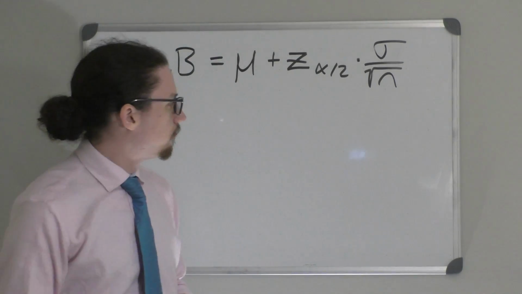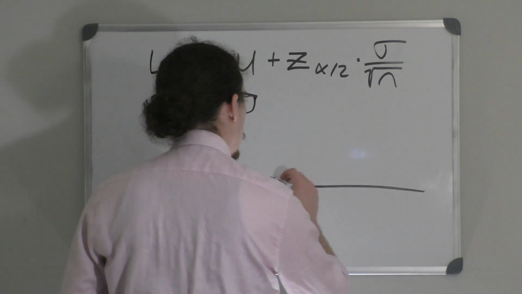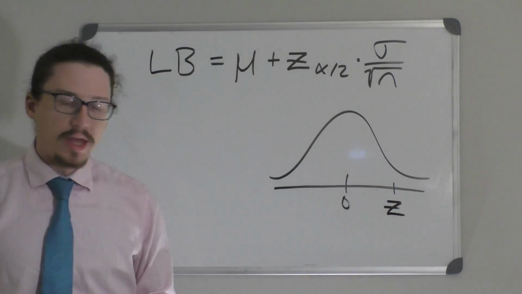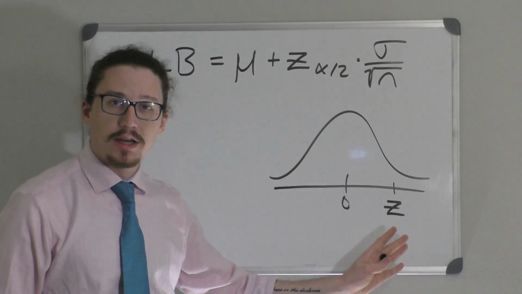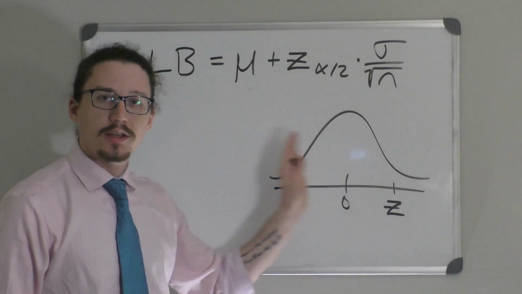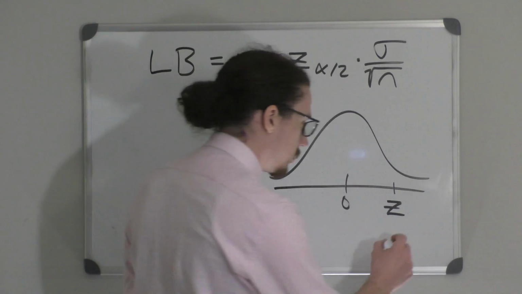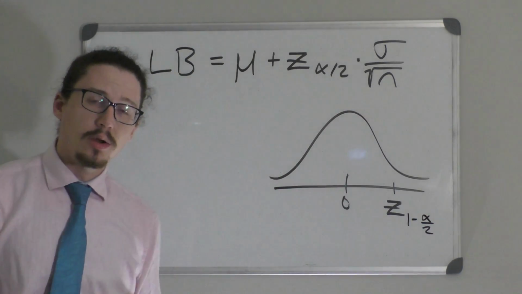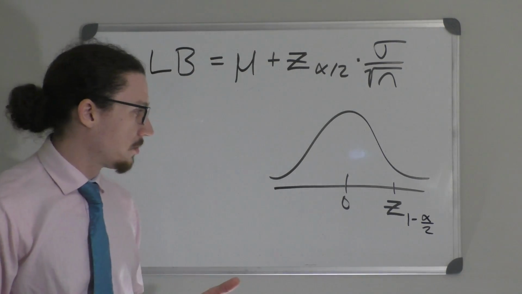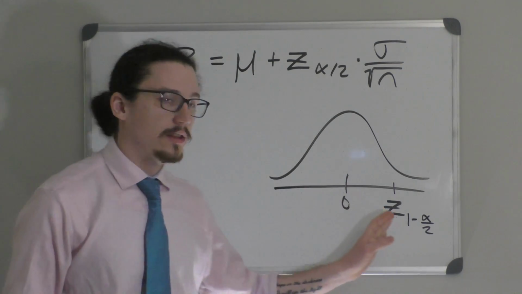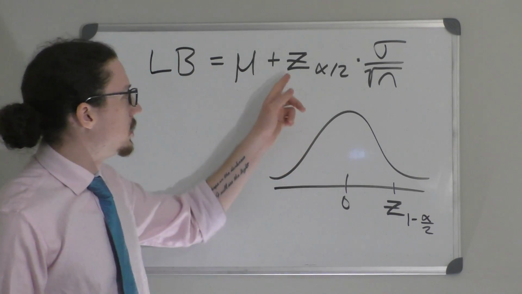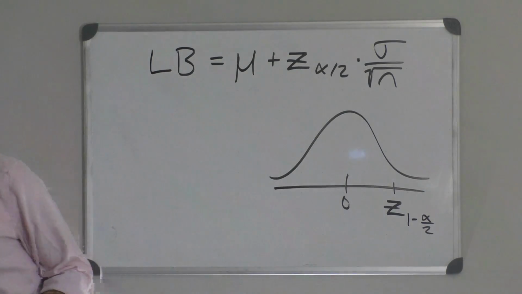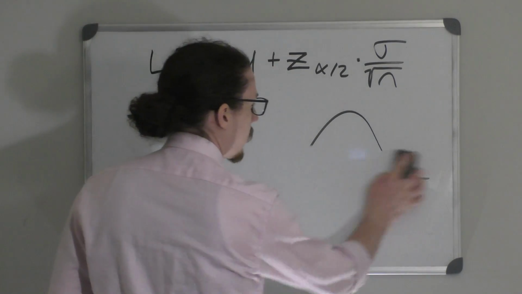Well, actually, we'll just look. So if we're looking at what we have, we've got this z that's tied to our upper bound. The area to the left of it is what would be the subscript. So in this case, it would be 1 minus alpha divided by 2. However, we know that this is symmetrical, so we could also just say it's the negative value of z alpha divided by 2. Negative z alpha divided by 2.